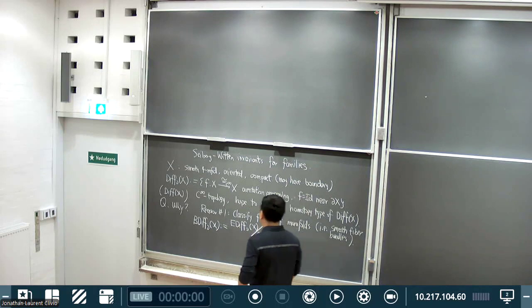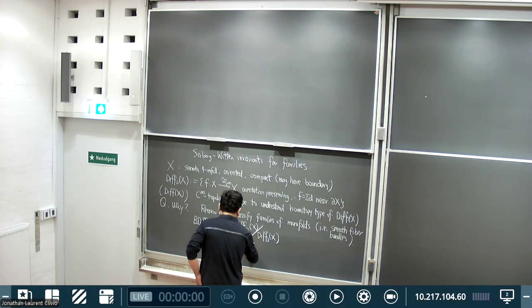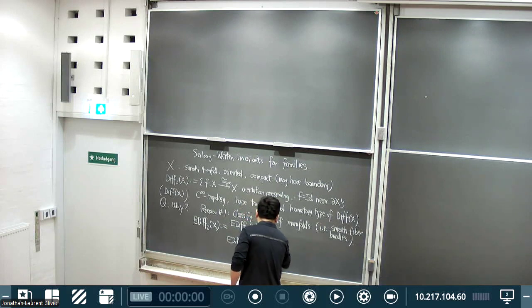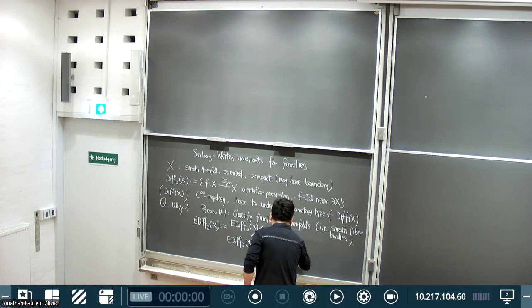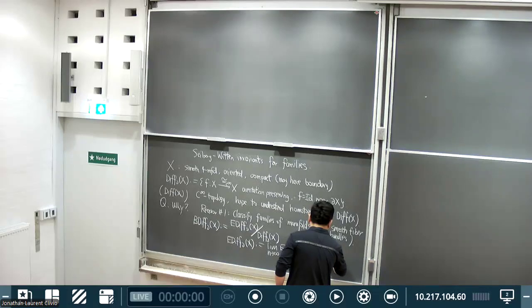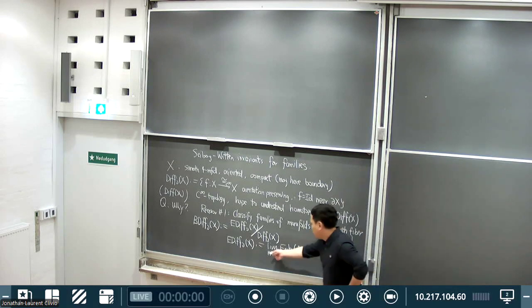A specific model of this contractible space can be picked as the space of embeddings of X into R-infinity, or the target. So here, the boundary means that we should fix a specific embedding from the boundary of X to the boundary inside.